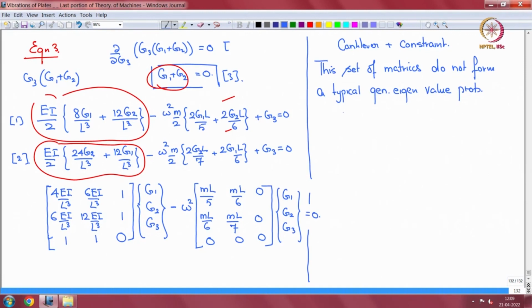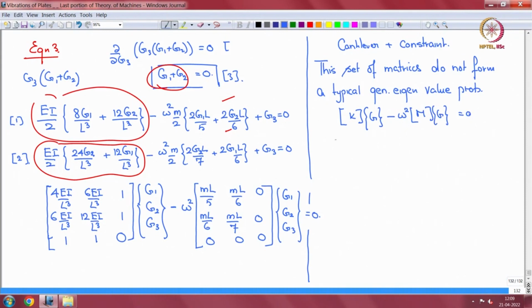Okay, why? We had k times g minus omega square m g equal to 0 as the generalized eigenvalue problem.